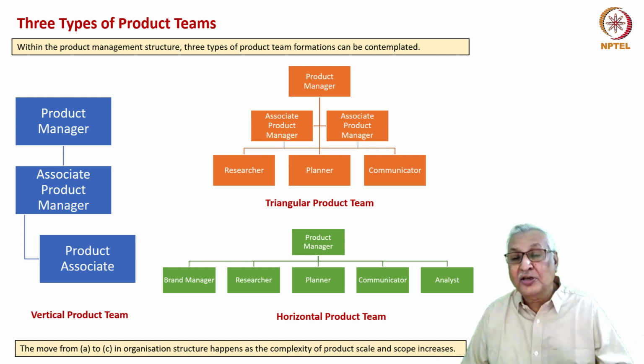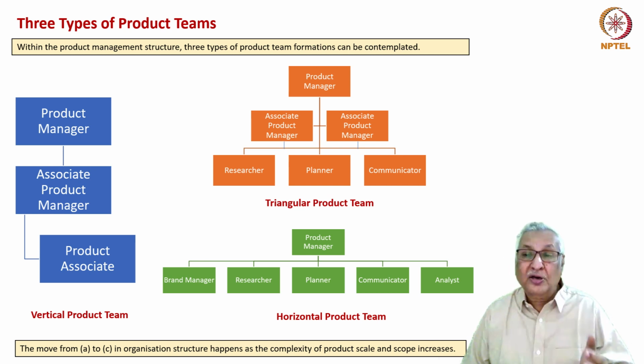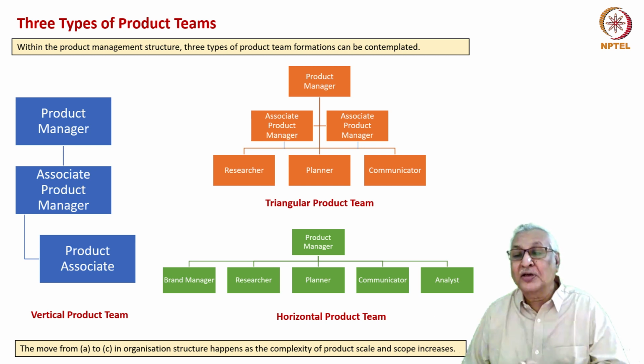You can look at a triangular product team where a product manager is supported by associate product managers of two types. One, let's say, looking after research and planning, another looking after communication. That could be a triangular product team. It is a little different from a functional horizontal vertical product team.